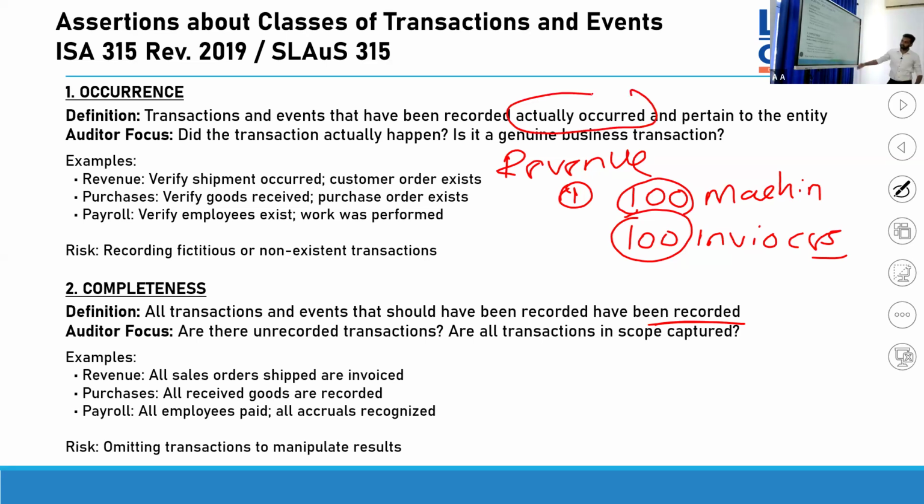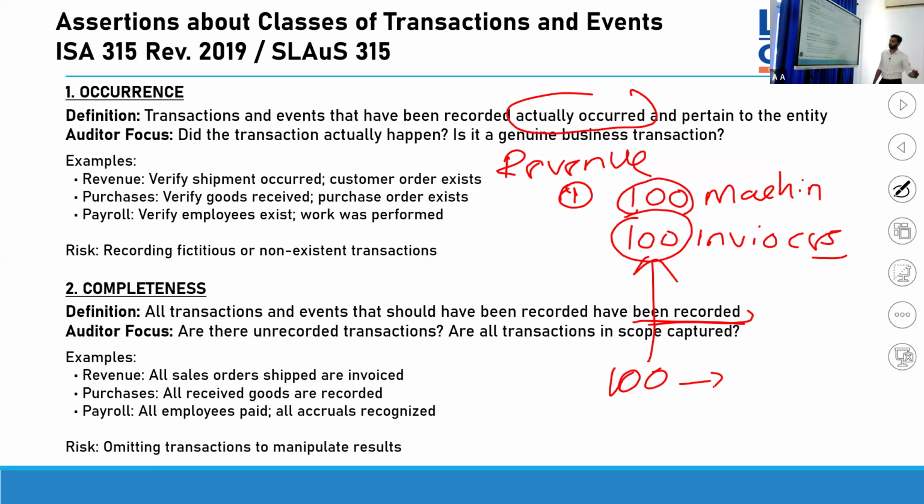That is occurrence. Second one is completeness, which means all transactions and events that should have been recorded have been recorded. During the year you have made 100 transactions, which means you have 100 invoices.